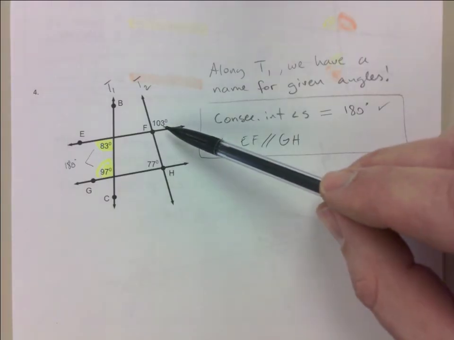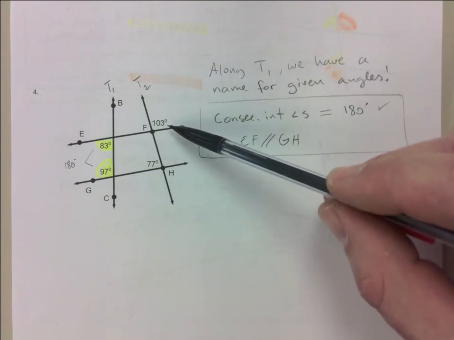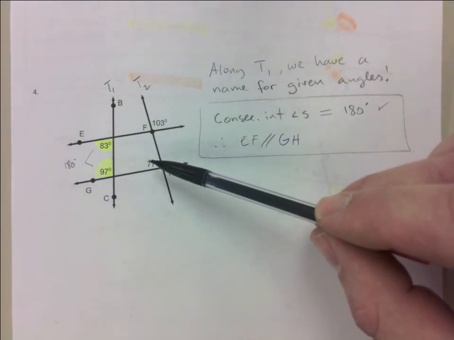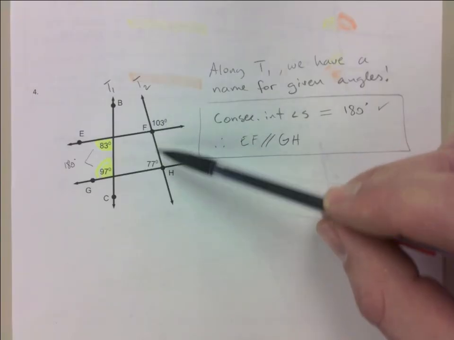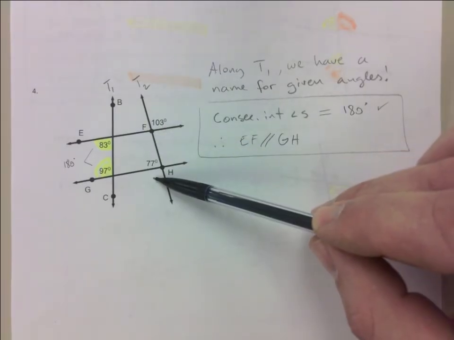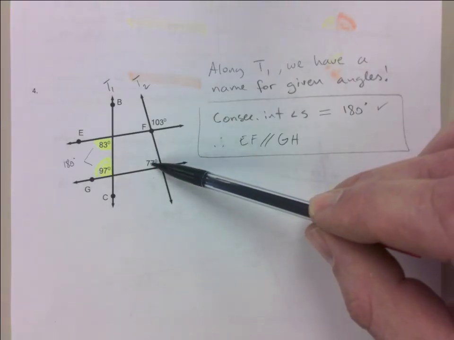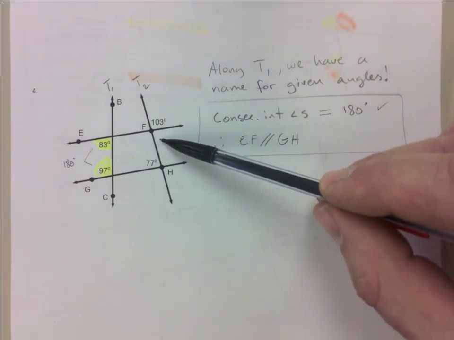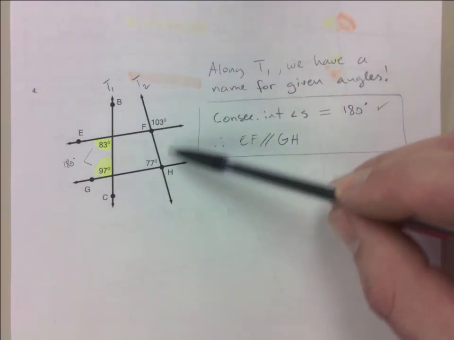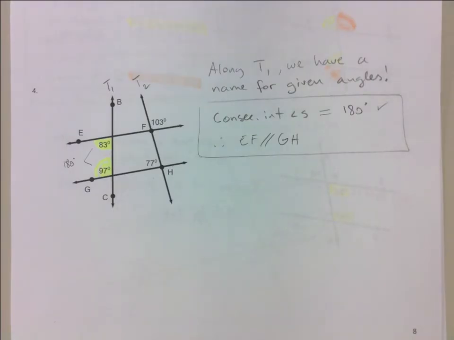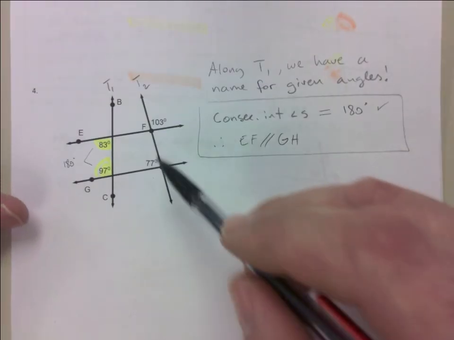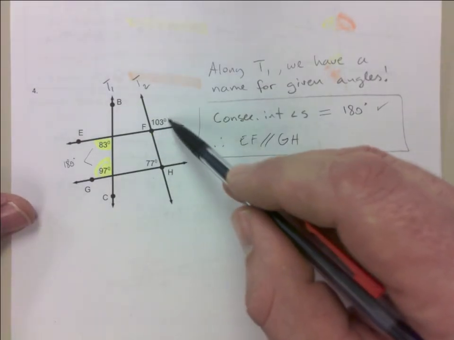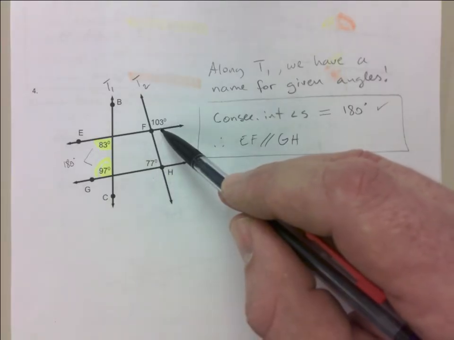And I don't know if you tried this one. You might have tried this. Oh, this is alternate something. Actually, this is nothing, because one is inside, one is outside. If they had both been outside, you could have called them alternate exterior. If they had both been inside, alternate interior. We have a name for those. We have corresponding, but it doesn't apply. We have CIA, which wouldn't help you a whole lot. But if you had wanted to, here you would have had to go into your toolkit.